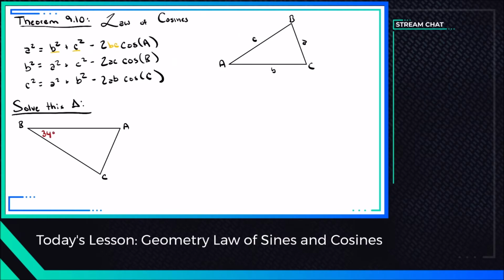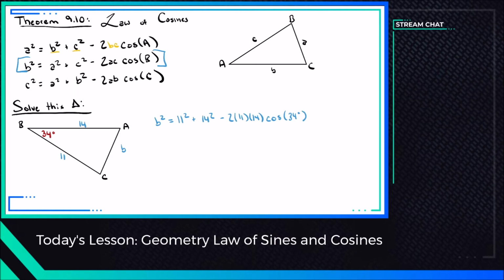And we're given some side lengths here. So we have 11, 14, and b. Why don't we start by solving for our missing side length b by using our law of cosines right here. So b squared is going to be equal to a squared, which is going to be 11 squared, plus c squared, which is going to be 14 squared, minus 2 multiplied by those together, 11 and 14, multiplied by the cosine of angle B, which is 34 degrees.